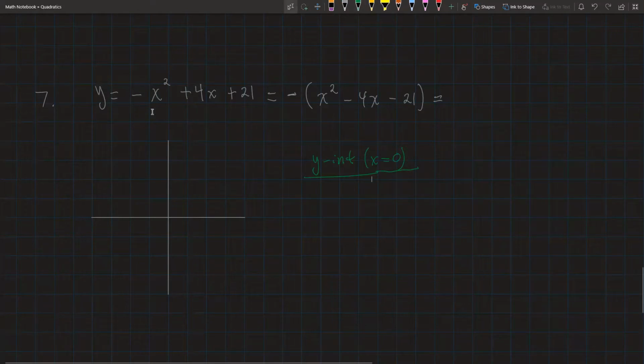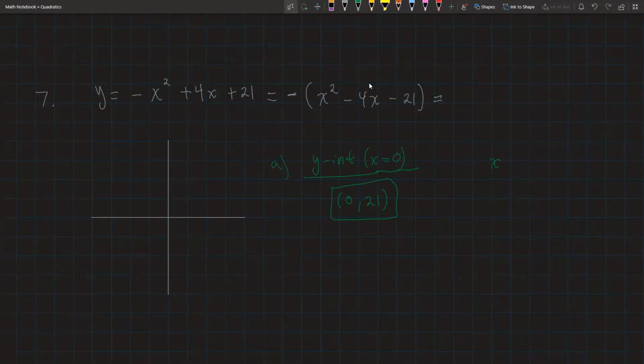And notice that -0 squared plus 4 times 0, this whole thing goes to 0. Therefore, the y-intercept is very visible and easy to find there. That is 0, comma 21. So that's what I wanted to talk about first. In this format, the y-intercept is very easy to identify still, but we need to do some factoring to find the x-intercepts.